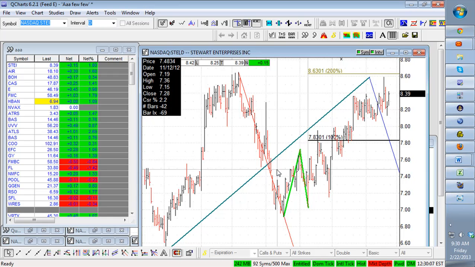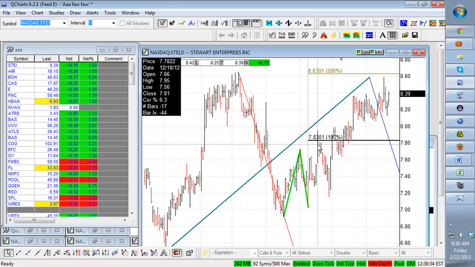Okay, so how do we measure the 100% marker? All we do is take the low after the market goes up and pulls back. We simply take the distance from here to here and project it forward, and that's the 100% point. Let's call it a marker, because this is not a place to take profits in the technique that we talked about.